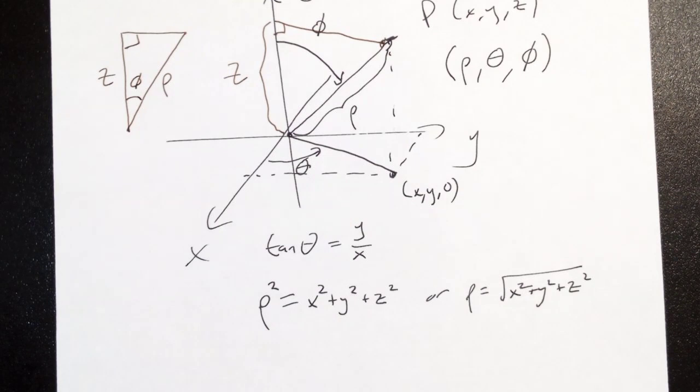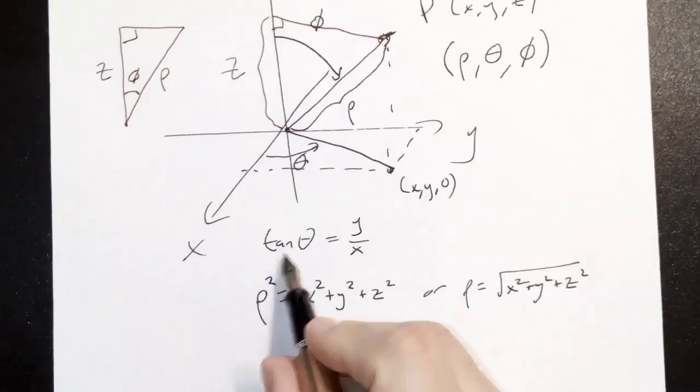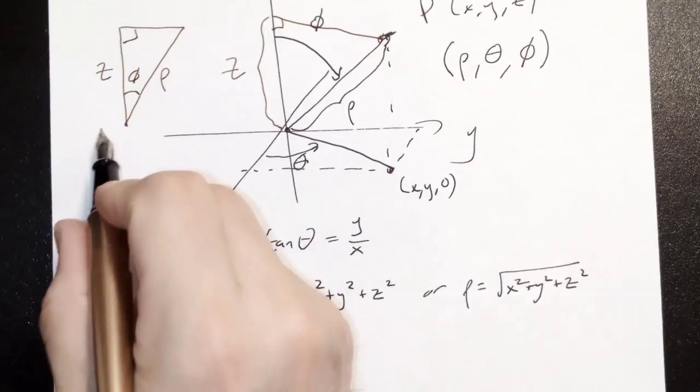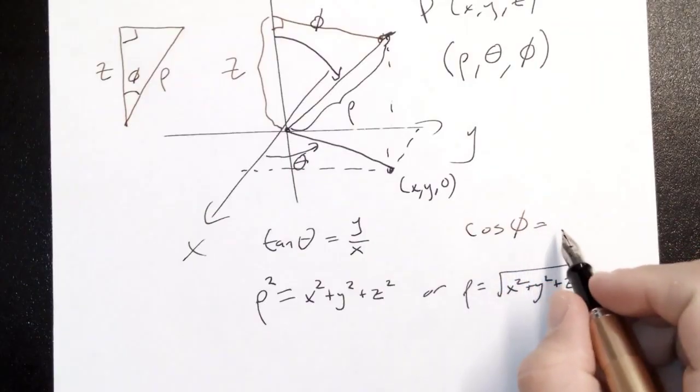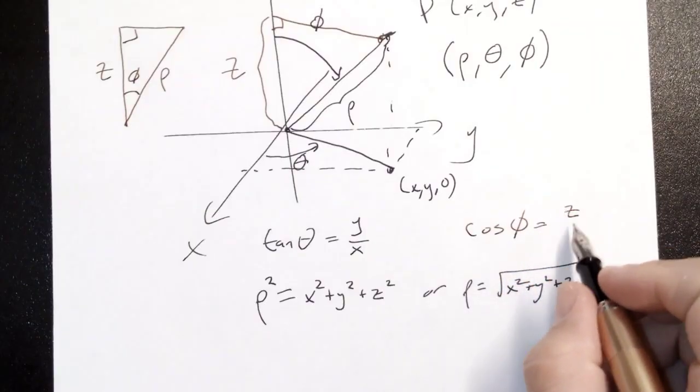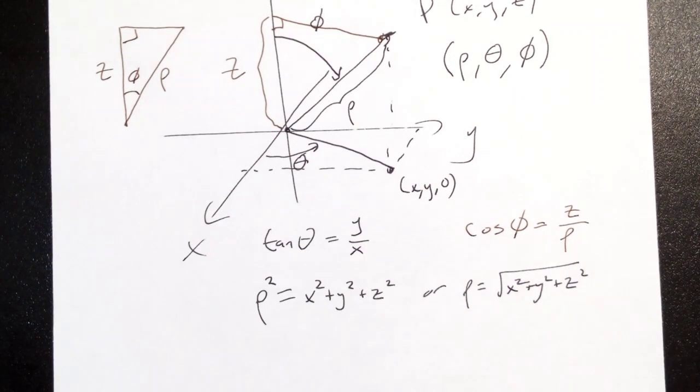What trig function of phi can you tell me about? If I have the adjacent, I have the hypotenuse. Like I have a function for theta, I end up with a function for phi. Cosine of phi is adjacent over hypotenuse.